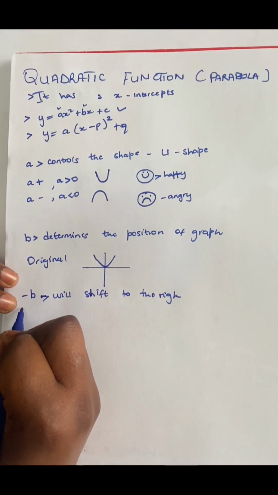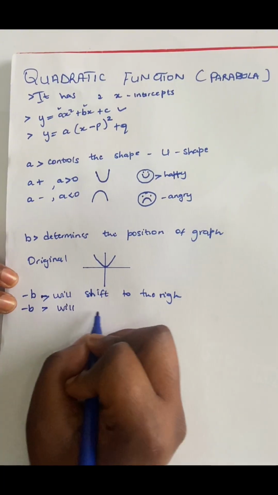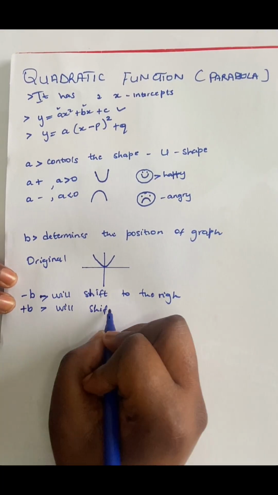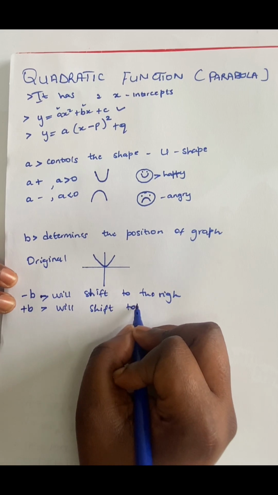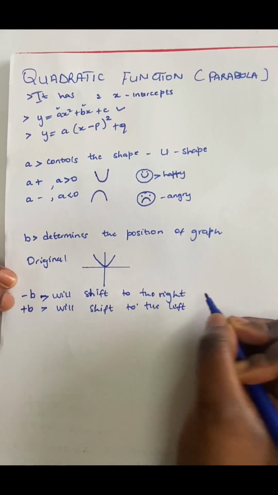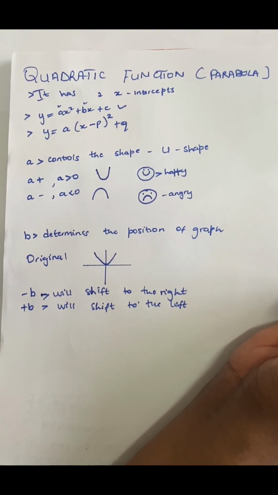If your b is positive, your graph will shift to the left. These actually give you a clue, so that you can easily see if you're sketching a wrong graph, because you already know their functions.